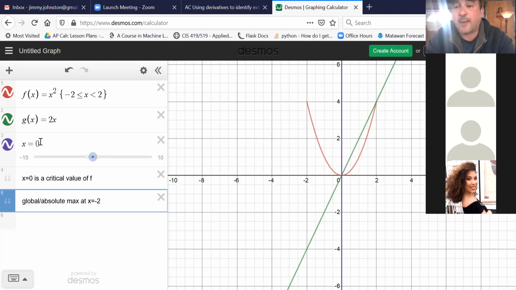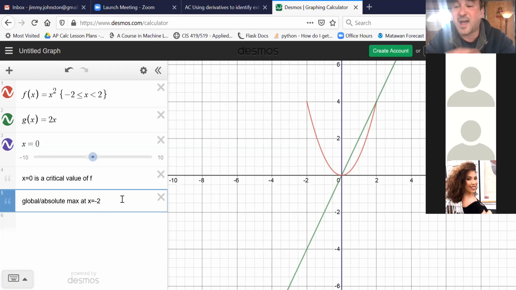And the reason it's the absolute max is that when you plug -2 into this function, you get +4 out. +4 is the largest value you can get out given this restricted domain. We can visually see that. It's the largest value, so that is what makes it the global max. It happened at an endpoint. That is not a critical value.